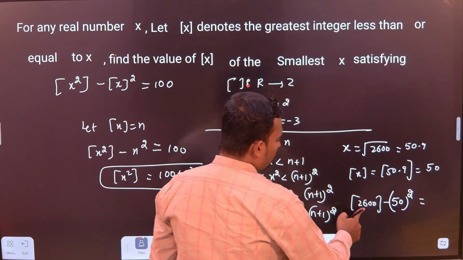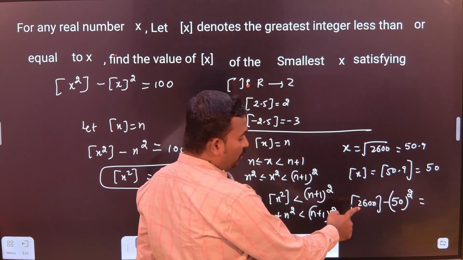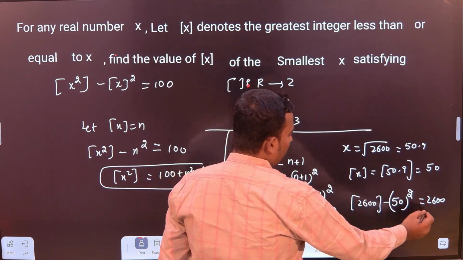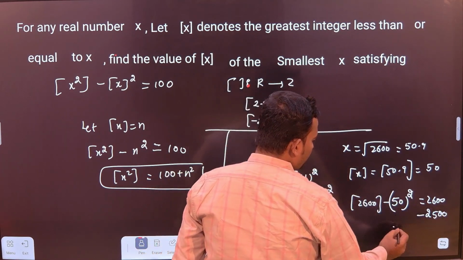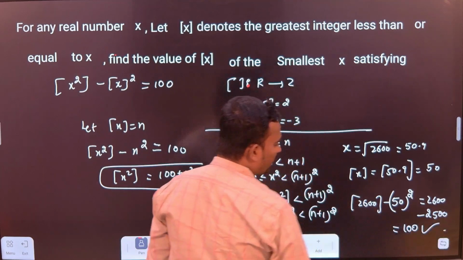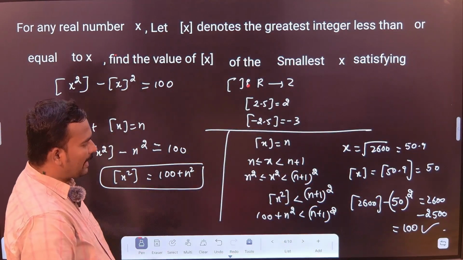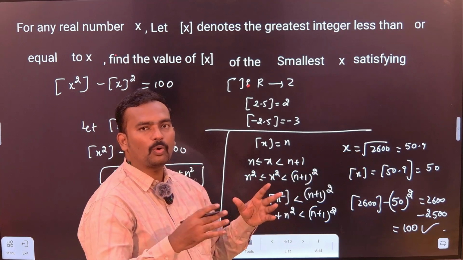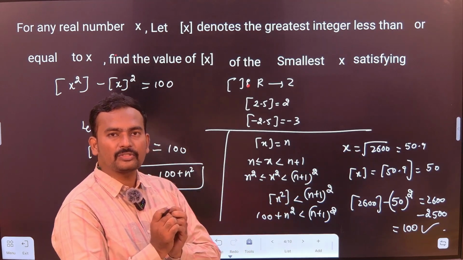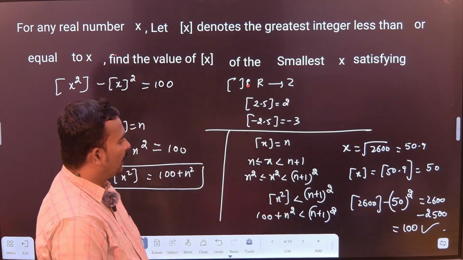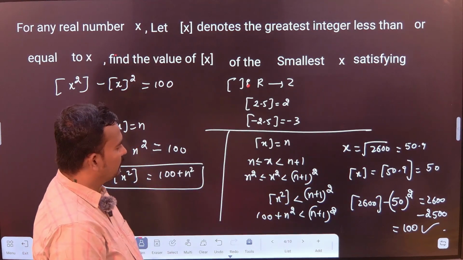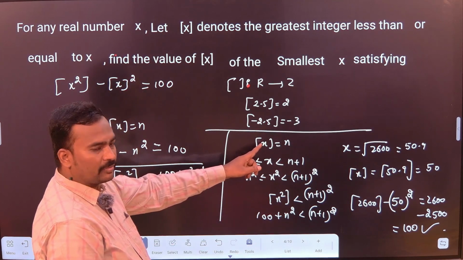You can see the greatest integer function of x square is 2600, minus 50 square which is 2500. So this will be 100, satisfied. So therefore the suitable x here is the square root of 2600, that is 50.9. So we need the greatest integer function of x, that is 50. Therefore the suitable n here is 50. Understand? So n here is the greatest integer function of x.